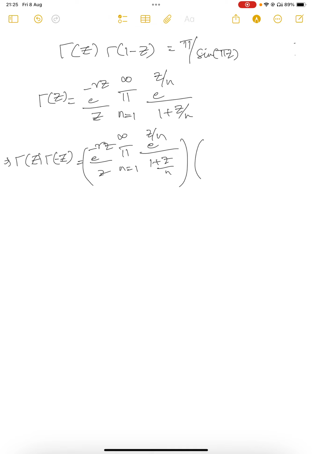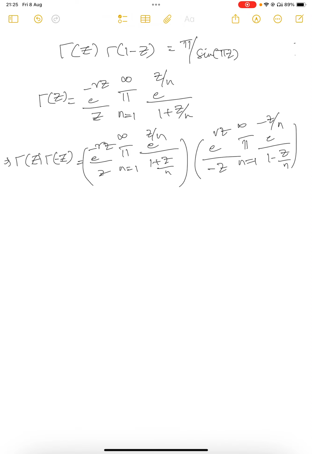What about gamma of minus z? You just need to substitute z to minus z. This will be e power gamma z by minus z, right? Product n equal to 1 to infinity e power minus z by n by 1 minus z by n.